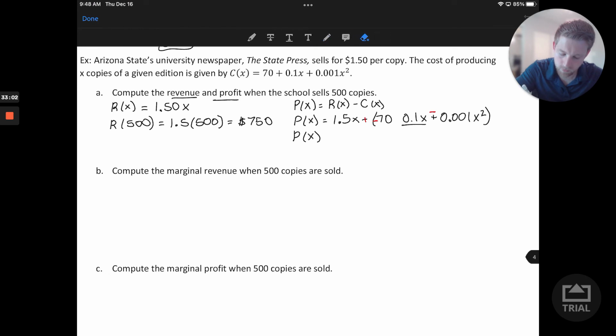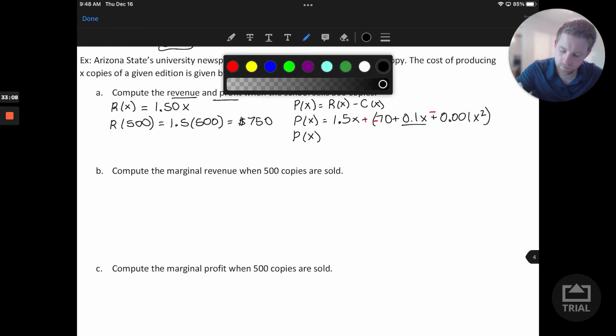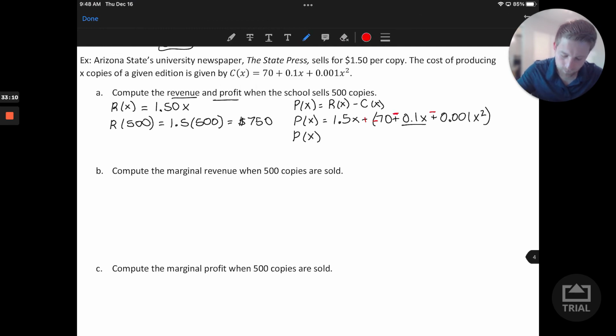So that started as a sum, we distributed, so there should be a minus sign there. So each of those terms should be negative. So subtracting those, we'll get a 1.4x, negative 70, and then we'll also have a negative 0.001 x squared.